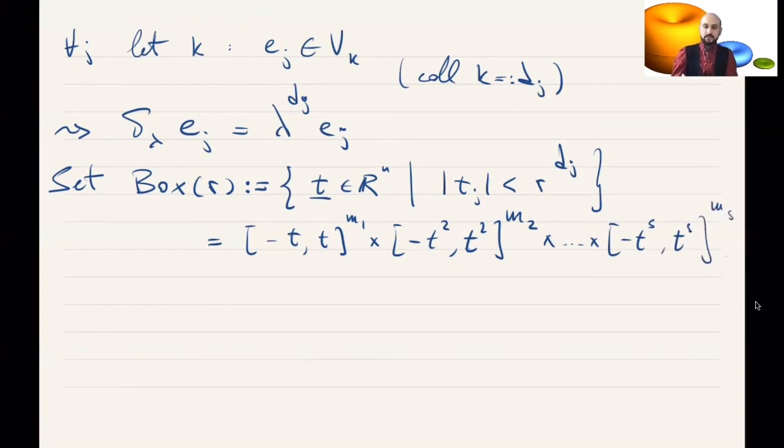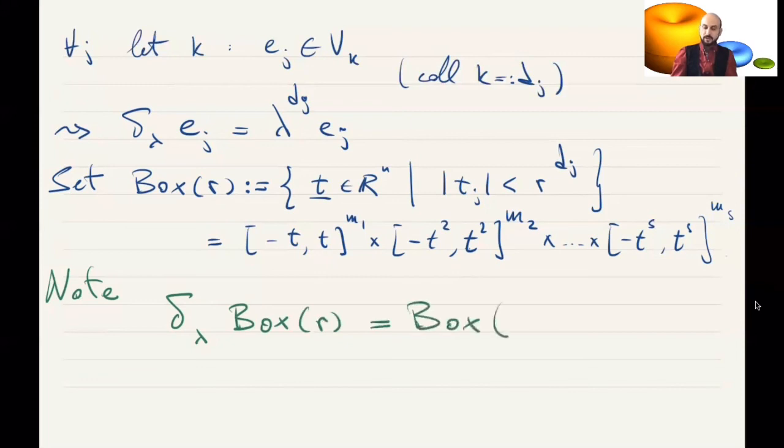Now, what is very important to notice is that if you dilate the box of radius r, you exactly have the box of radius lambda r.